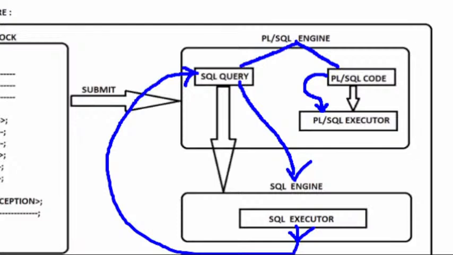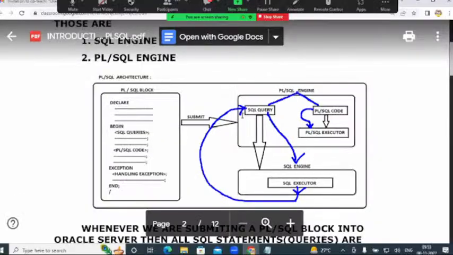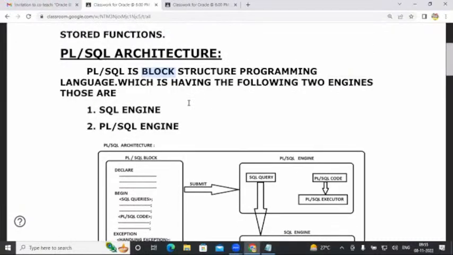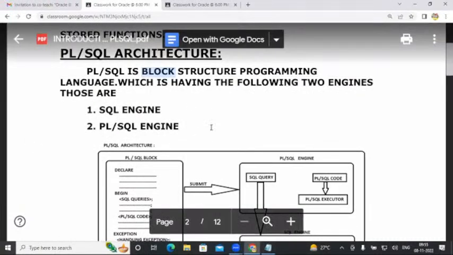The SQL executors take responsibility to compile and execute your queries, and the PLSQL executors have responsibility to compile and execute PLSQL code. In this manner, internally your code will be performed. Write down below. So take your PLSQL architecture and take the diagram.